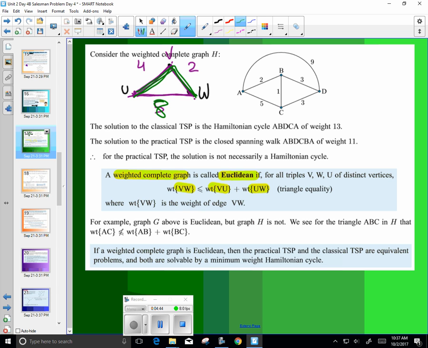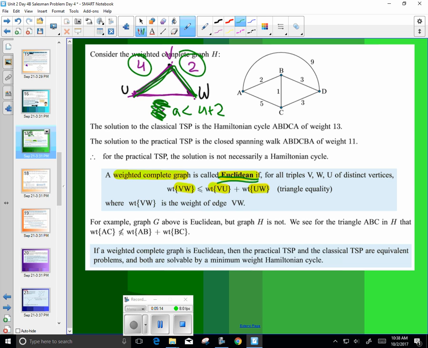So this one here is less than 4 plus 2. This one, we'll just call it A, is less than the 4 plus 2. So maybe it's 3, maybe it's 5, maybe it's 5.5, but to be Euclidean, you don't go doubling back. Now here's what's confusing. Here's Euclidean, and then the paths we take are what?